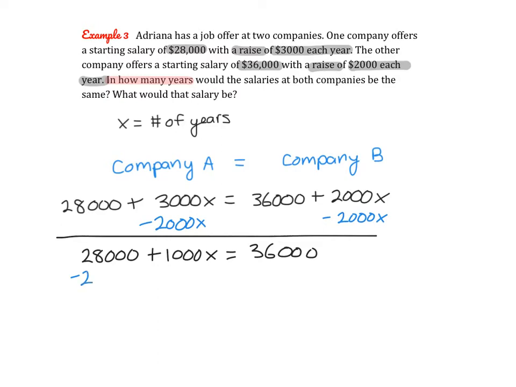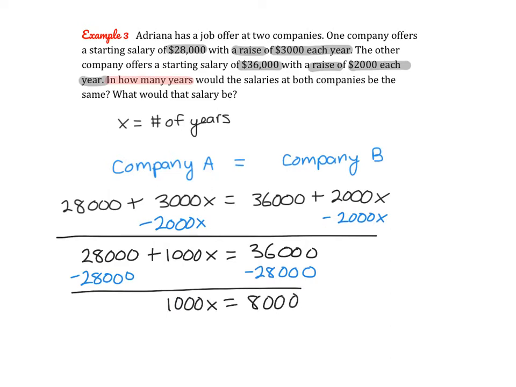From here, we can subtract 28,000 from each side. So 1,000 X equals 8,000, and then divide both sides by 1,000.